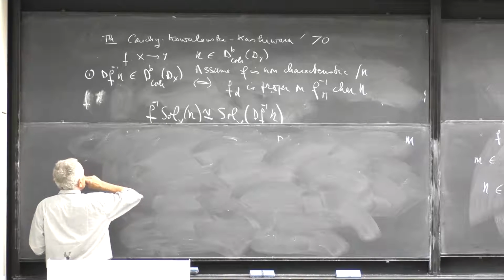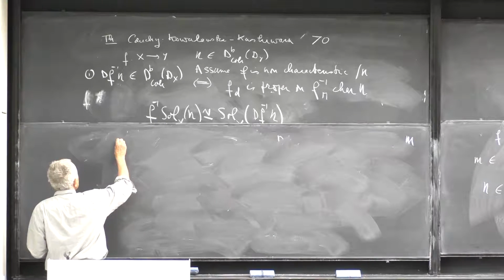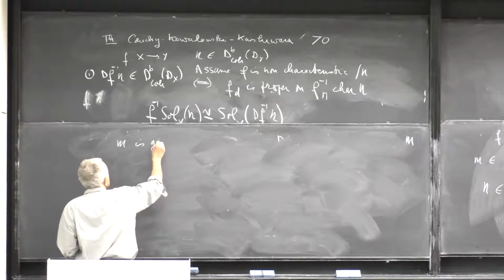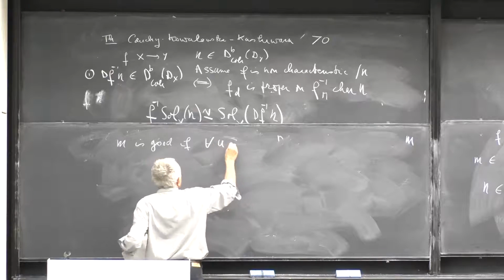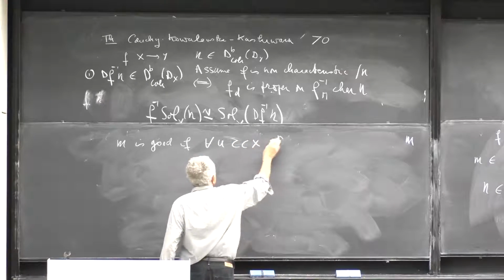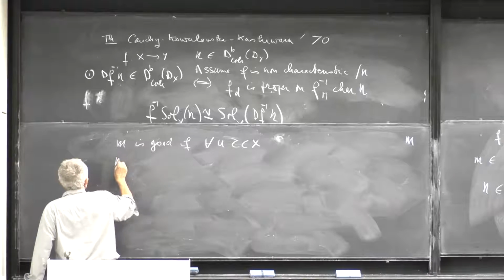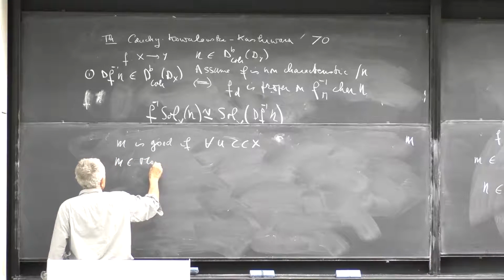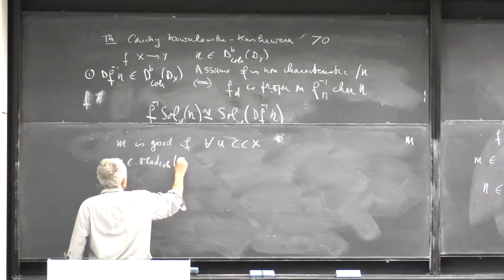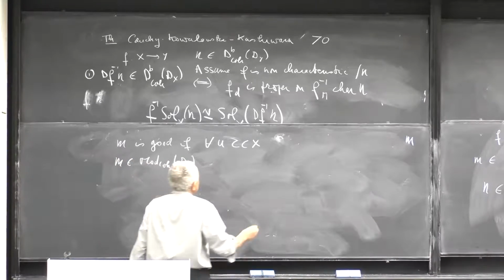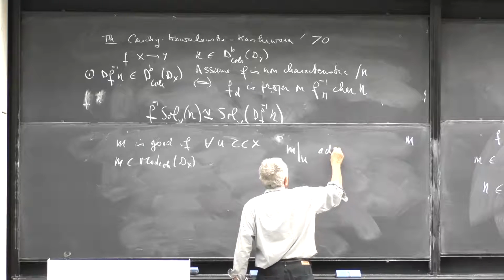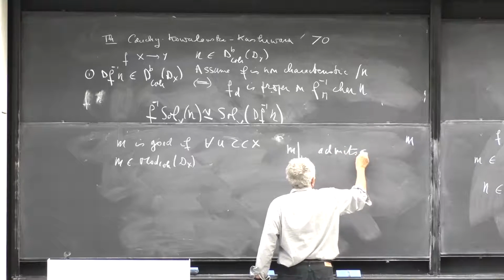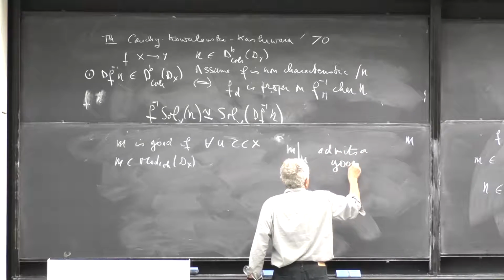So, yeah, there is a notion of good D-module. We say that M is good if for any U relatively compact in X, so M is a coherent D-module, then M restricted to U admits a good filtration.